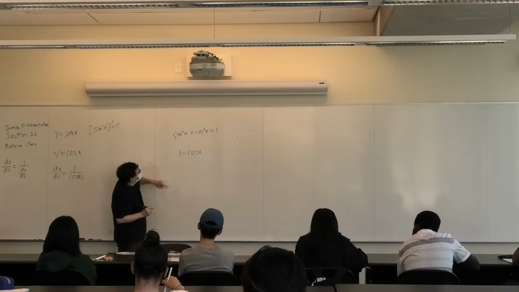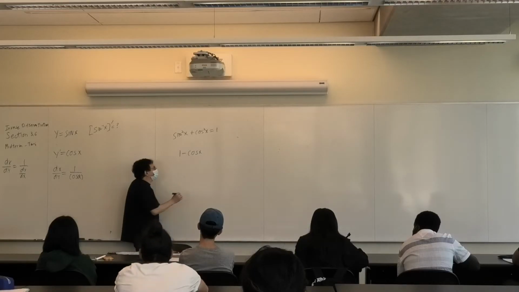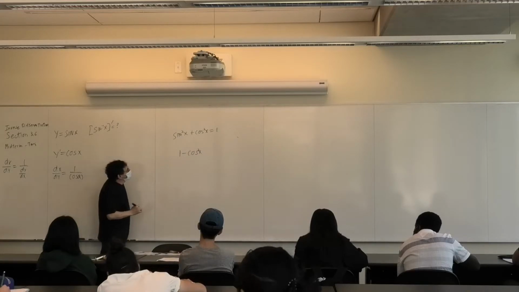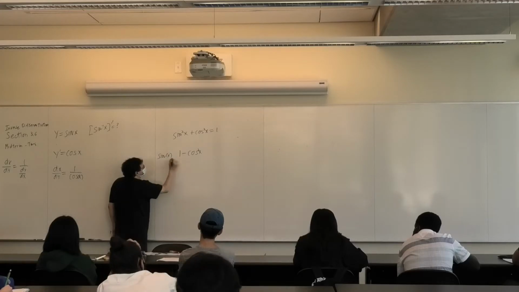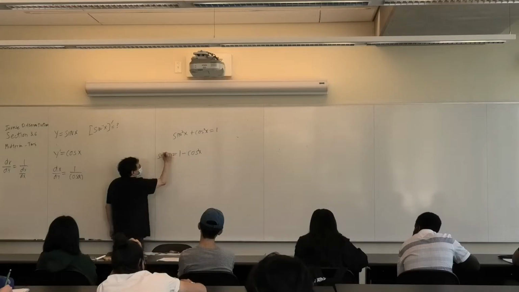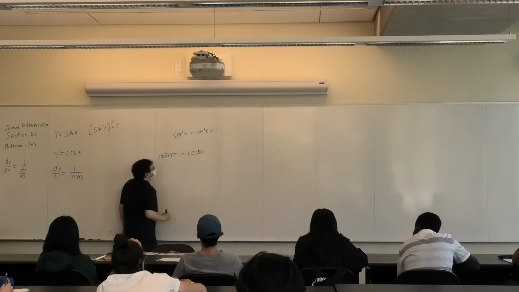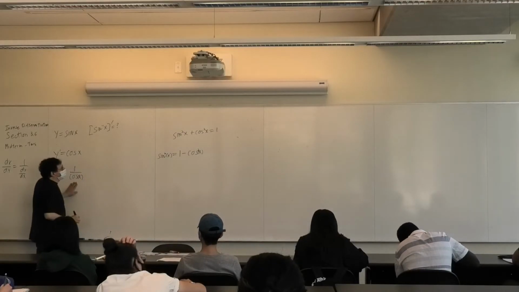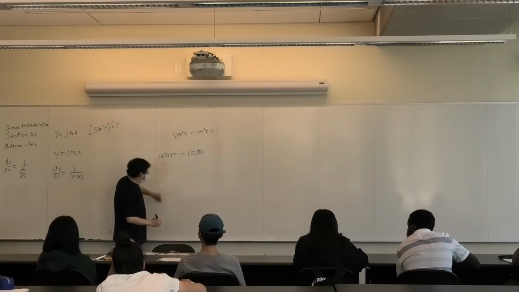Starting to see a pattern here, but I don't think we're quite there. What's that? That's sine squared of x. Oh wait, I don't really care what the sine of x is. I want to do it the other way.